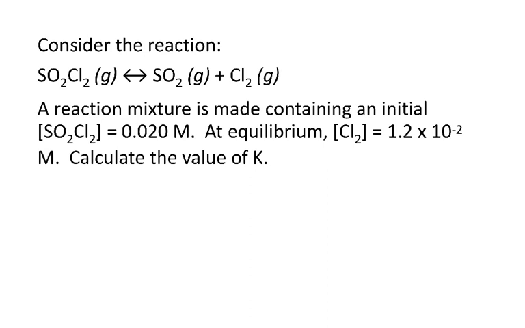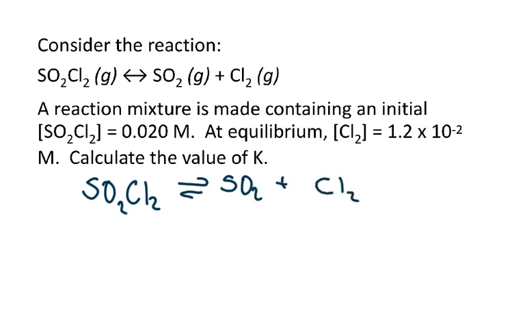Okay, here's another problem. Let's just work it through. I don't think you need the quadratic, but I'm not positive. Okay, so we are going to write down our equation. SO2Cl2 is in equilibrium with SO2 plus Cl2.